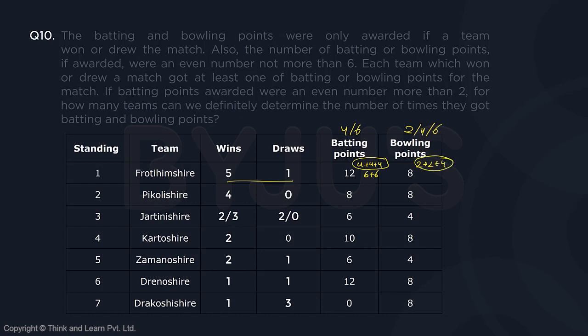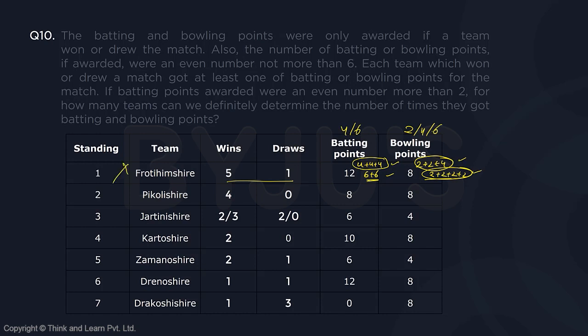For the remaining 3 matches, he got bowling points in this case. If second case, 6 plus 6, I need 4 here. And the 4 is possible with 2 plus 2 plus 2 plus 2, because I need to cover all the 6 matches. So here for F, the number of batting points can be awarded thrice or twice. The number of bowling points can be thrice or 4 times. So I am not sure about F.